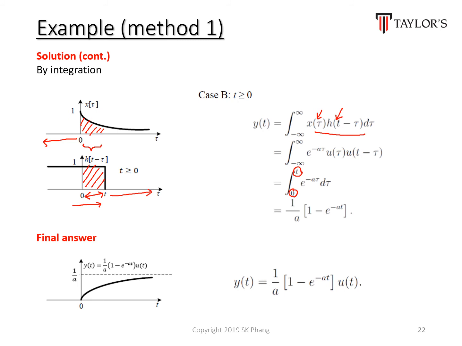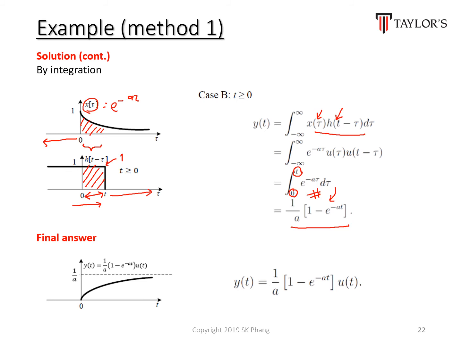And then to multiply both of them together, you notice that the magnitude of this graph is just 1. So it's basically 1 multiplied by the exponential, which is e to the power of negative a tau in this case. And therefore you get the e to the power of a tau over here. And to do this integration, you are able to obtain the answer 1 over a multiplied by 1 minus e to the power of negative at.